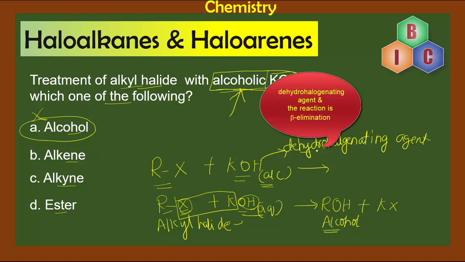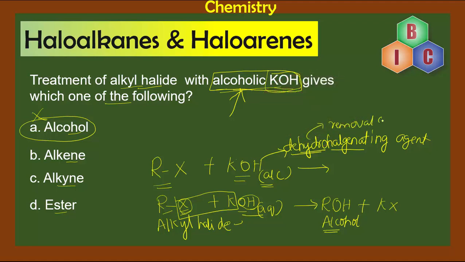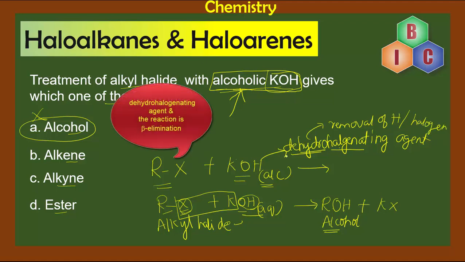There is removal of hydrogen and there is removal of halogen. You remember this: dehydrogenation means removal of hydrogen, and dehalogenation means removal of halogen. So there are two processes happening together: removal of halogen as well as removal of hydrogen.